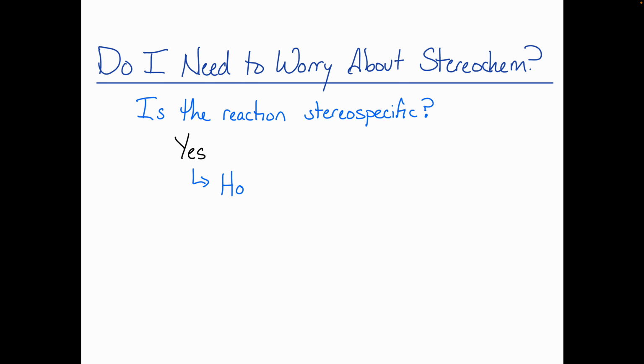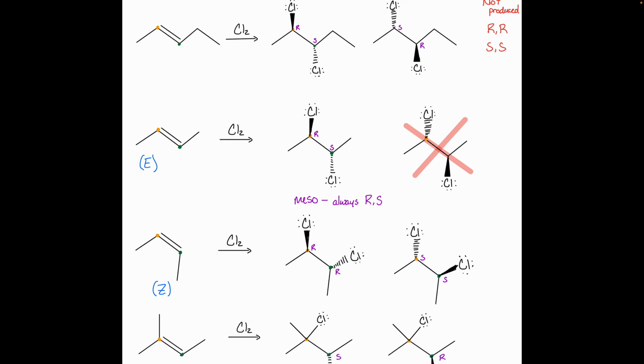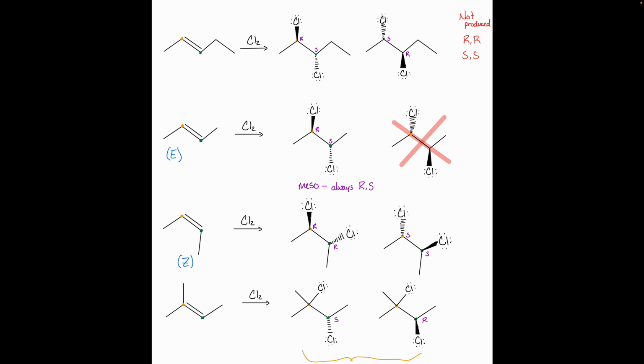All right. Then we want to figure out how many stereocenters are produced. Because if you'll note, in all of these examples here, when did we have to worry about our dashes and wedges?